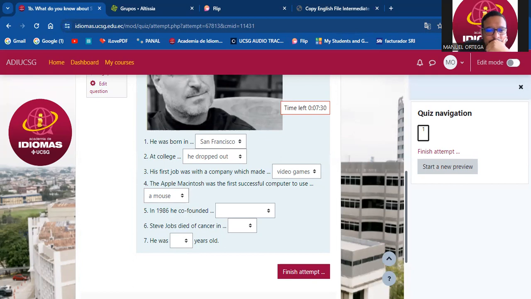Number 5, in 1986, he co-founded, and the options we got, let's go for Pixar.